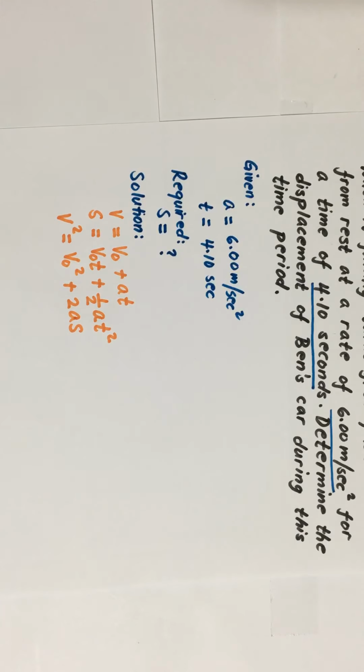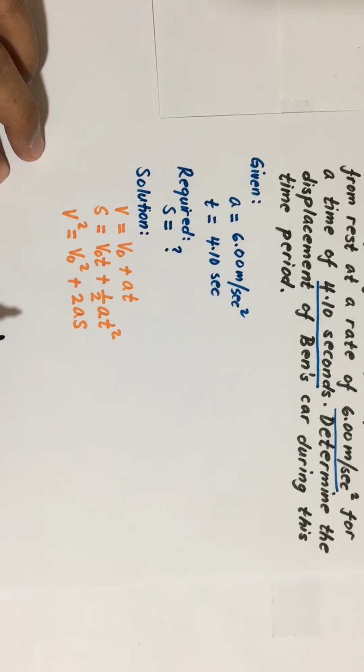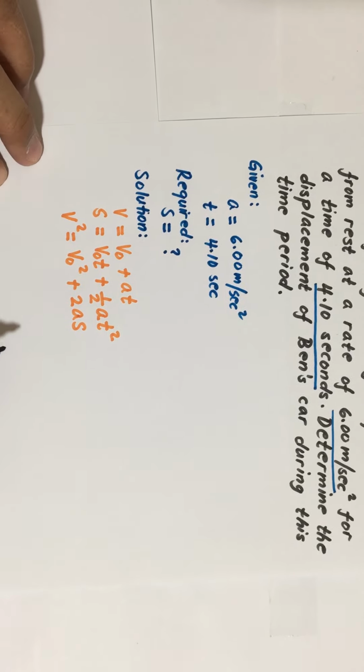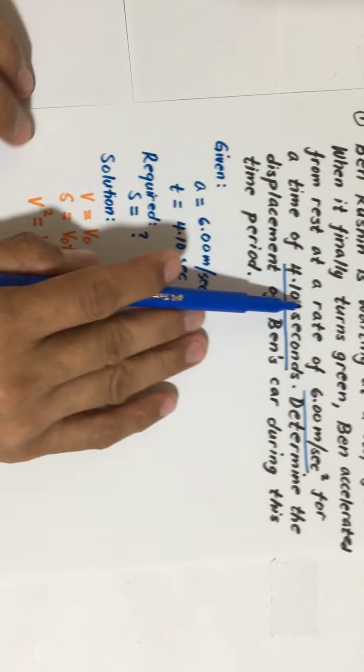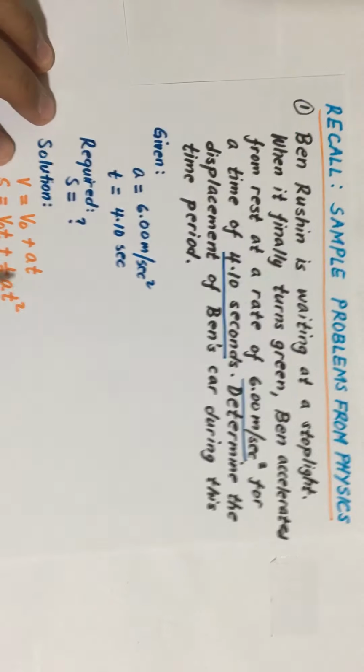Okay, so for our solution here, we have to analyze the problem carefully. Note that at t equal to 0, remember that Bean is waiting at the stoplight.